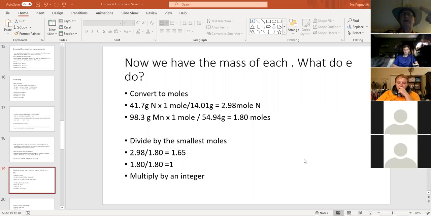Second step, we found the moles. Now, I'm going to look at those moles and find the smallest one. Miriam, which is the smallest one between 2.98 and 1.8? 1.8. So I'm going to divide both of the moles by 1.8. That gives me a ratio of 1.65 to 1.